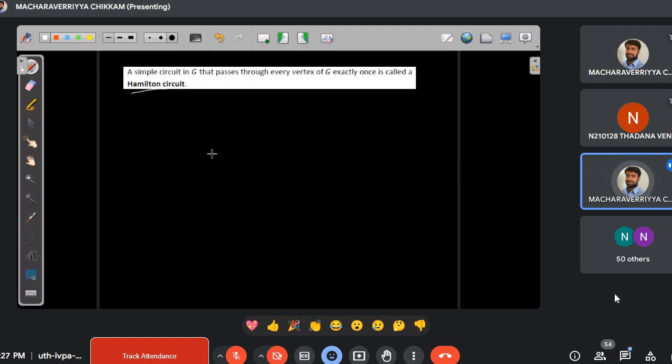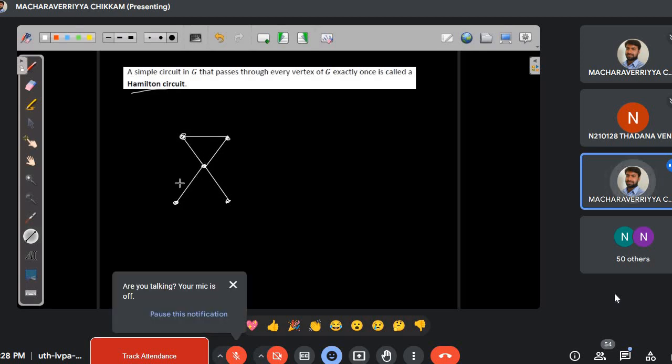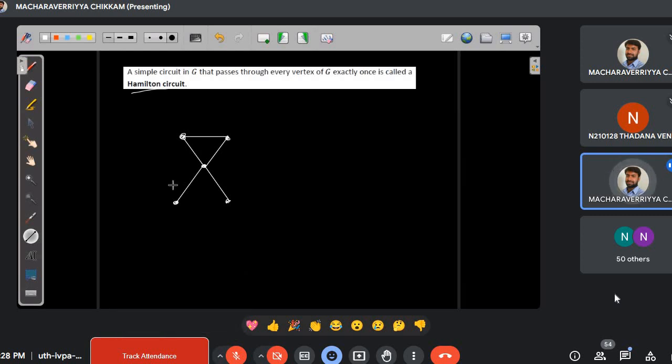For example, if I take this graph with 2 pendant vertices, does it have a Hamilton circuit? First of all, if there is a pendant vertex, we can easily say that it has no circuit which passes through all vertices.